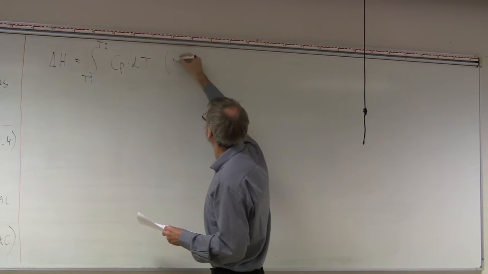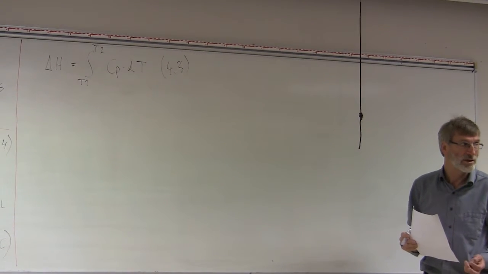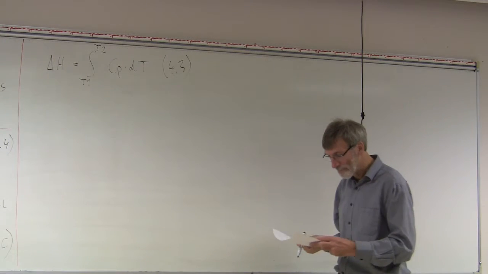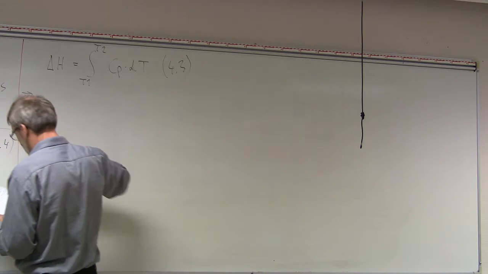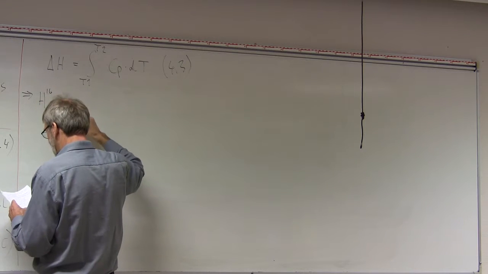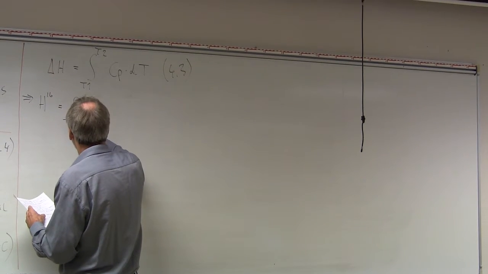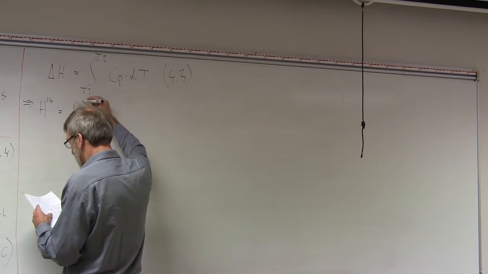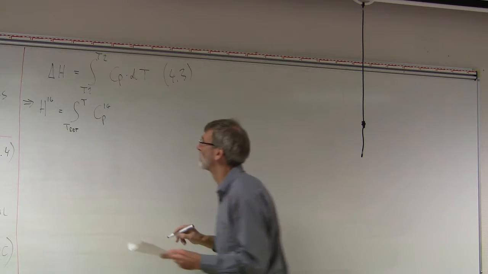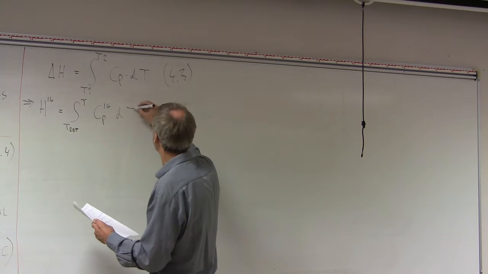This is an equation from the textbook stating that the change in enthalpy is the integral of Cp between the 2 temperatures times dT, which means that the ideal gas enthalpy is the integral from the reference temperature to T of Cp, in this case ideal gas, dT.